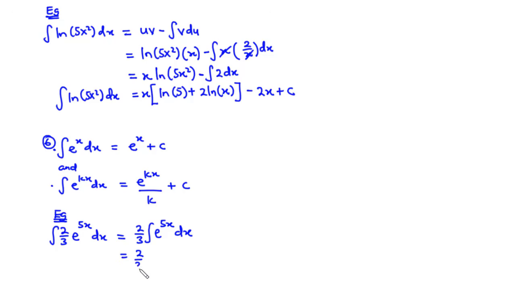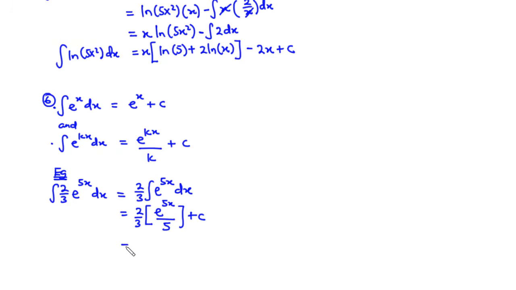So you have 2 over 3 times e to the power 5x. You differentiate 5x, you have 5, and then plus c. So this becomes 2 times e to the power 5x divided by 3 times 5, 15, plus c.